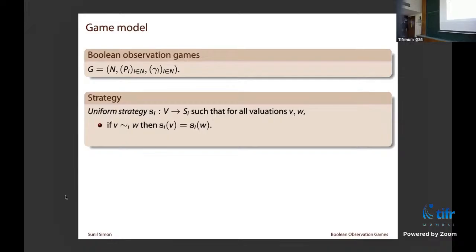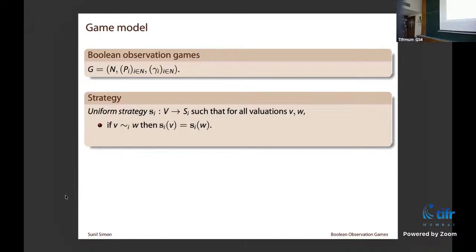But you cannot distinguish between certain other propositions. So the strategy that you pick should be uniform under these indistinguishable valuations. A uniform strategy is a map from a set of valuations to a strategy, except that it has to have this consistency requirement: if you cannot distinguish between two valuations, then the strategy that you pick should be the same.